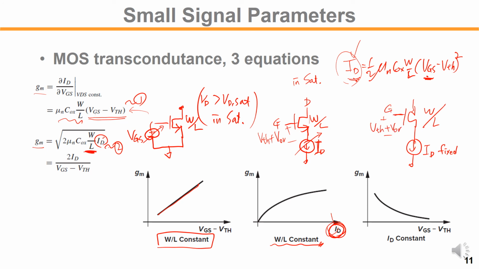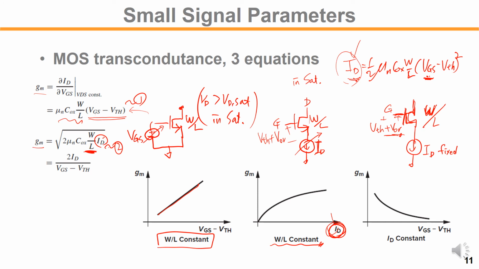Because the current density changes for different device size. If you have a different size, then the VGS changes, right? Change in VGS means the overdrive voltage also changes.